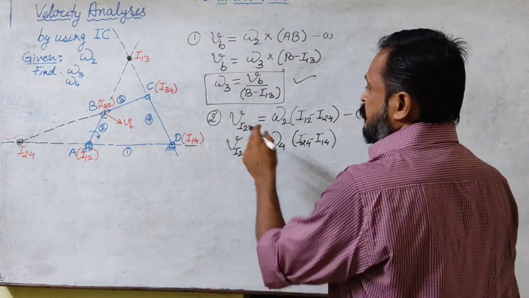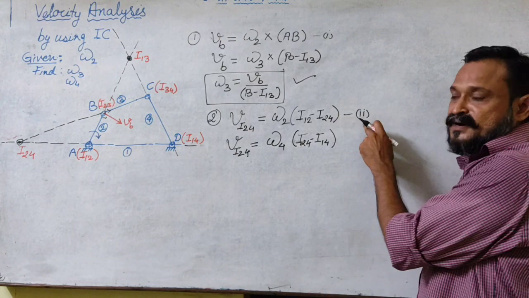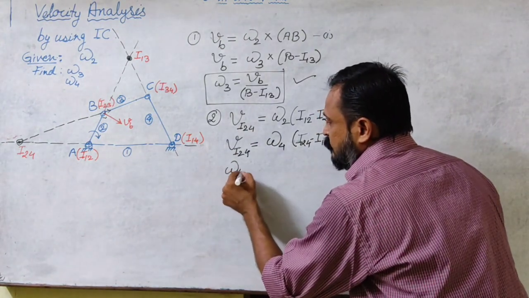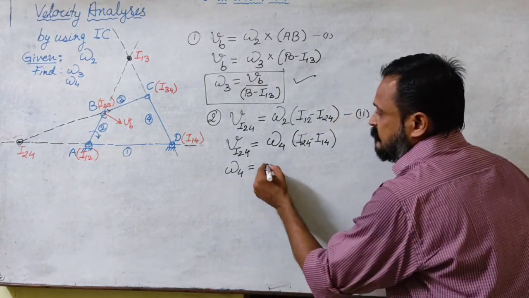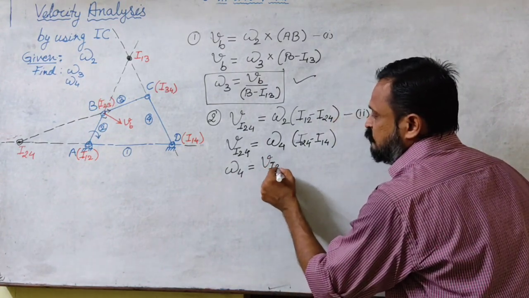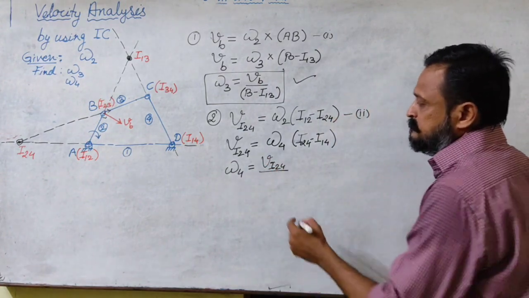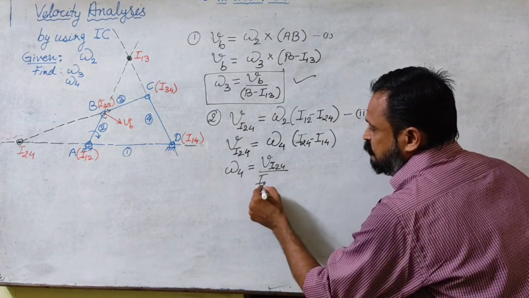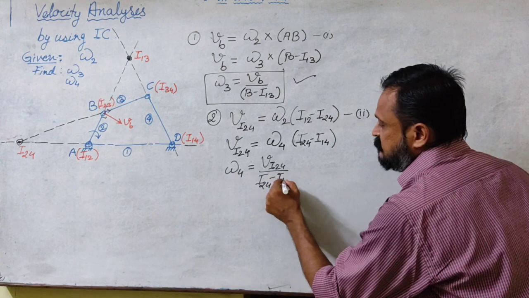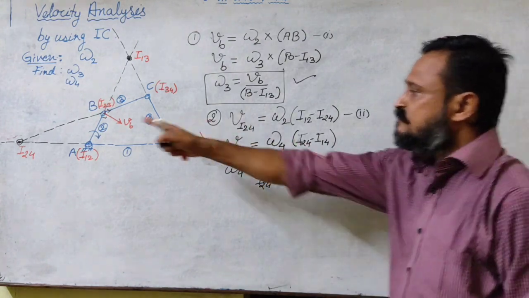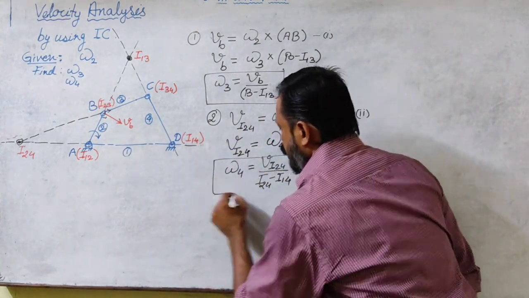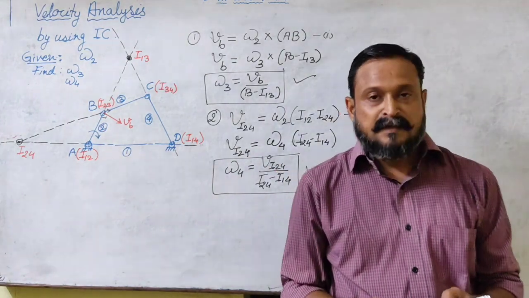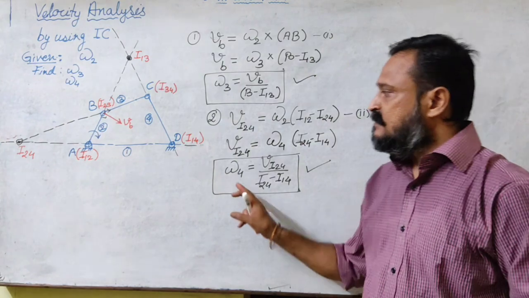We have already determined the velocity of I24 in equation number 2. So omega 4 is the velocity of I24 upon the distance I24 I14 from the configuration diagram, and thus we can determine omega 4 as well.